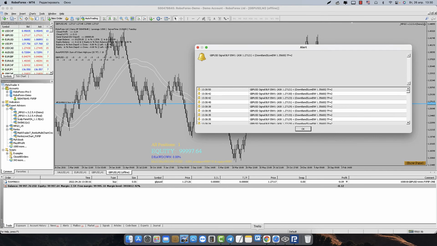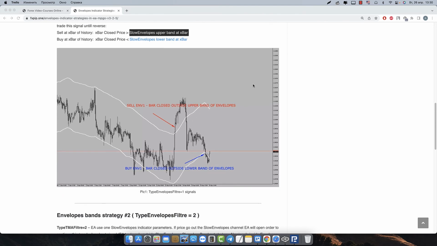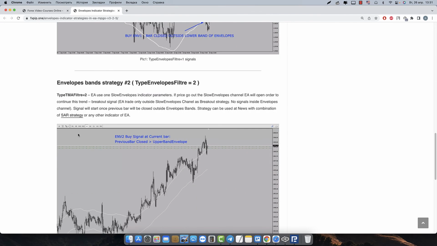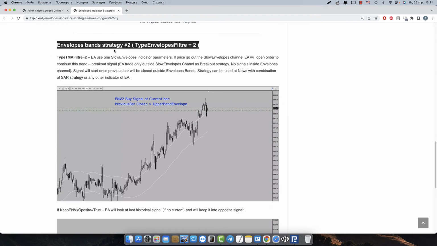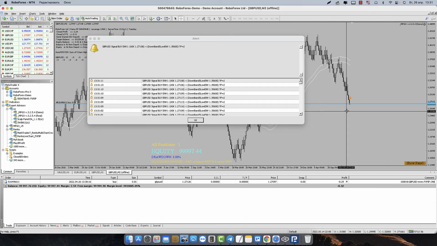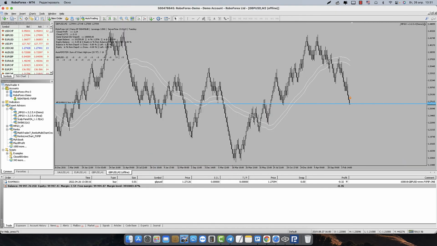The same you can do with envelope 2 using the same method as I told you in this video. For envelope filter number 1 you can check everything by yourself, using type envelope filter number 2, using debug and alerts like this, and calculate everything using your mouse, where these prices are and where everything is. For this in the robot you must activate debug true. Once you are sure it works correctly, you can turn this off, so the robot will work without these alerts.